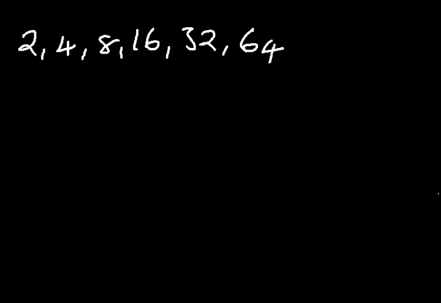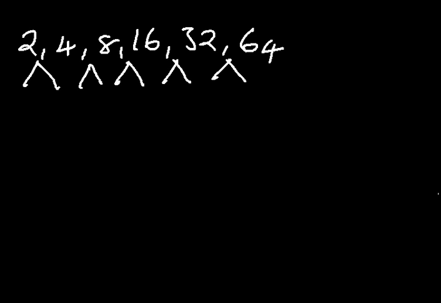Now you should understand that one of the characteristics of a geometric progression series is that the common ratio remains the same at each and every point. The common ratio here is the same as the common ratio here, and also the same as the common ratio there, and even the same as the common ratio there.